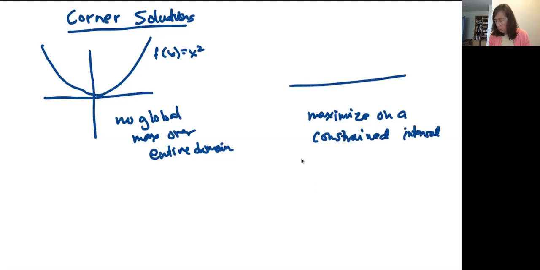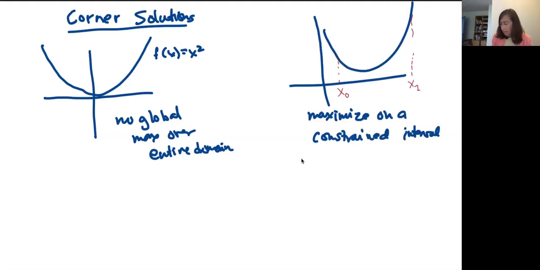So let's take an example here. There's a convex function over the entire domain. We know there's no maximum, but let's say that we are looking at just this set, okay?